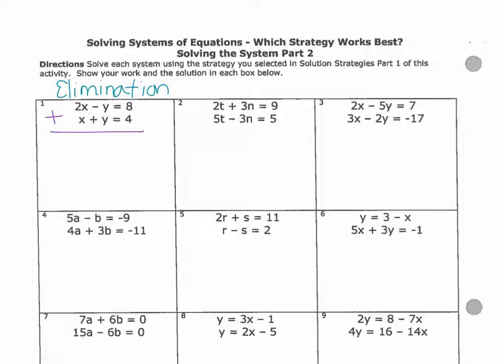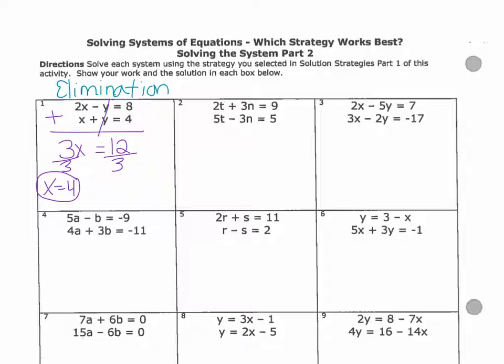So all you need to do is take your two lines and add them together. So we have 2x plus x, which is not 2x squared, that's going to be 3x. And then negative y plus y cancels, 8 and 4 is 12. And so if you divide by 3, we find out that x is equal to 4.